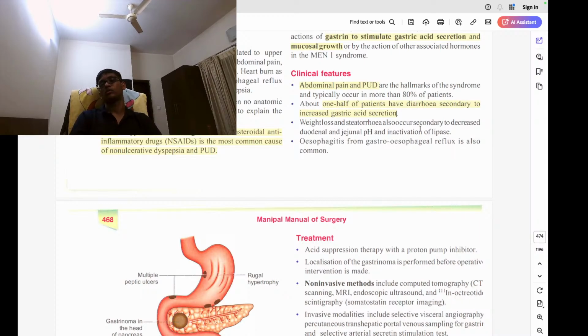Weight loss and steatorrhea, due to decreased pH and inactivation of lipase. Esophagitis from reflux.